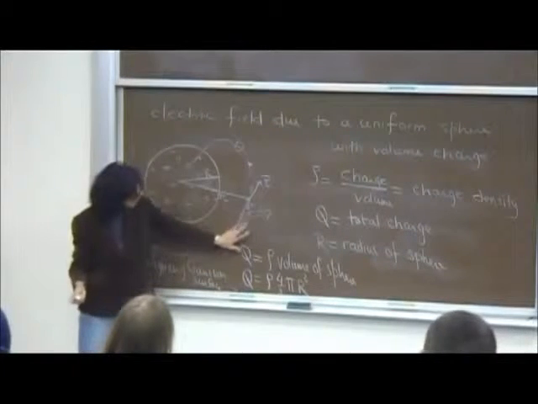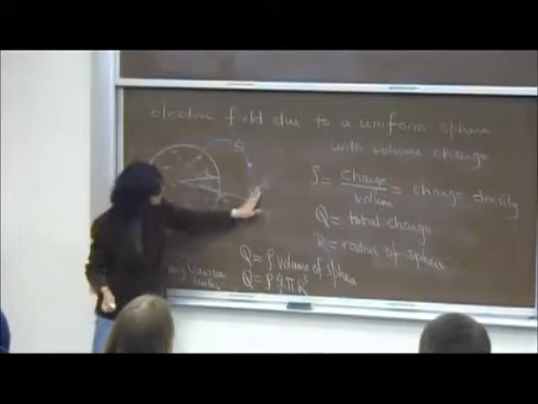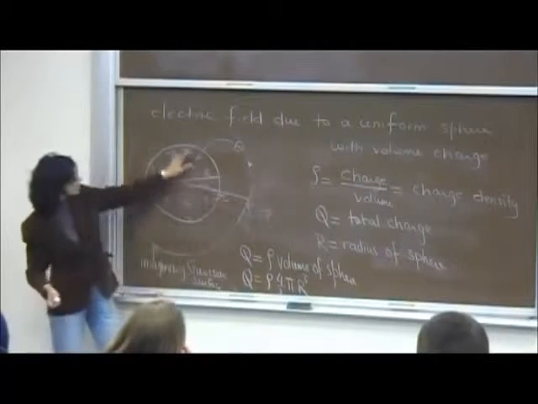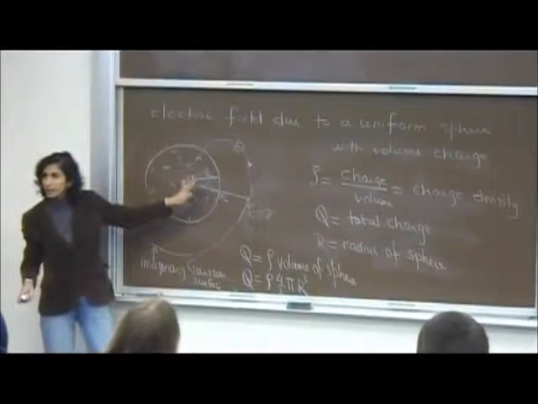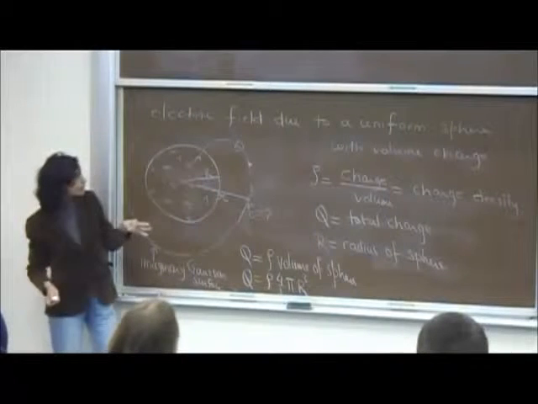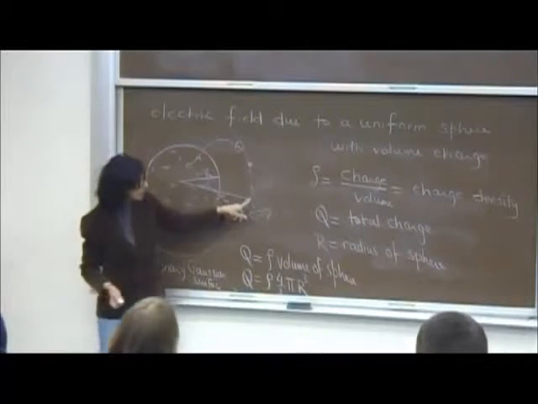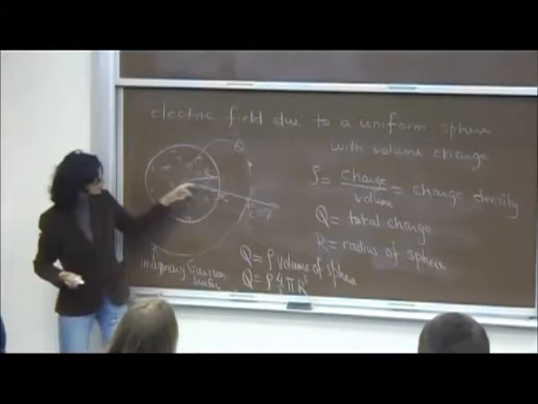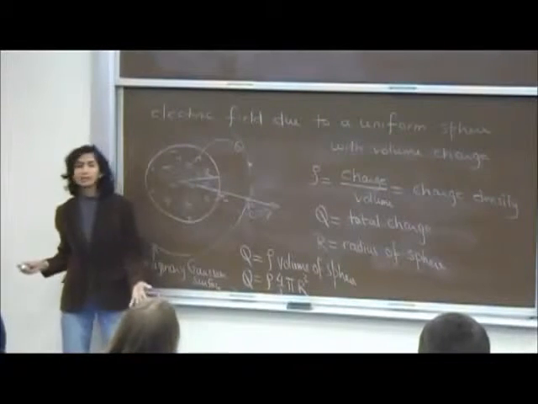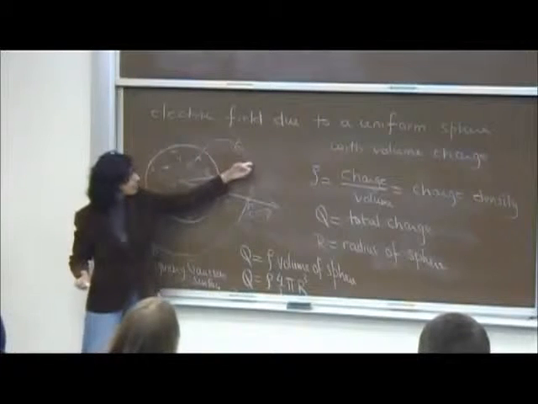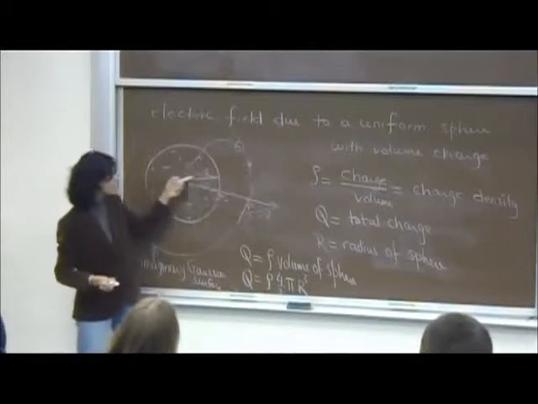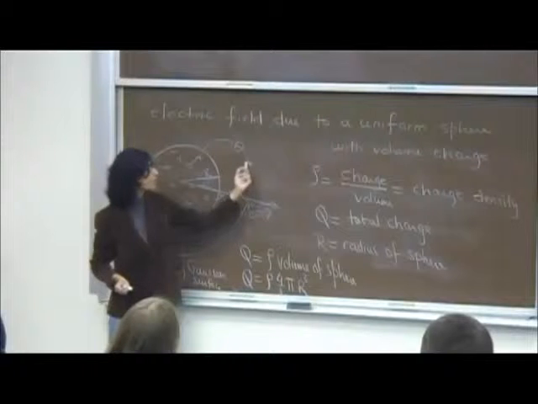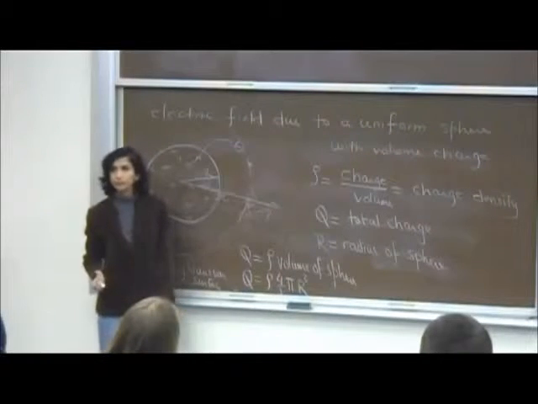So again, the point is that there's so much symmetry here in terms of how the charges are distributed on the sphere that you have to convince yourself that the electric field at this point has to be radial. That means straight out from the center. There's no other possibility for electric field. If you ask me the electric field at this point, I would say it has to be radially out. It cannot be this way or that way.